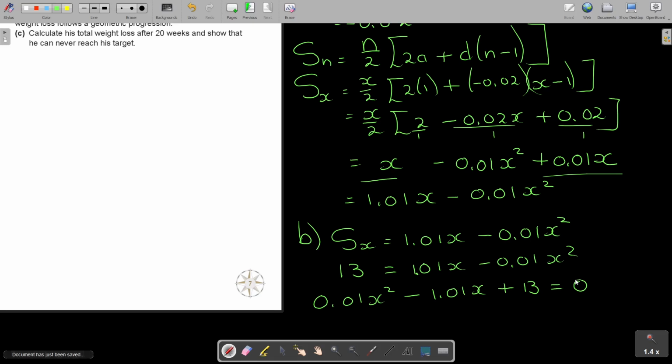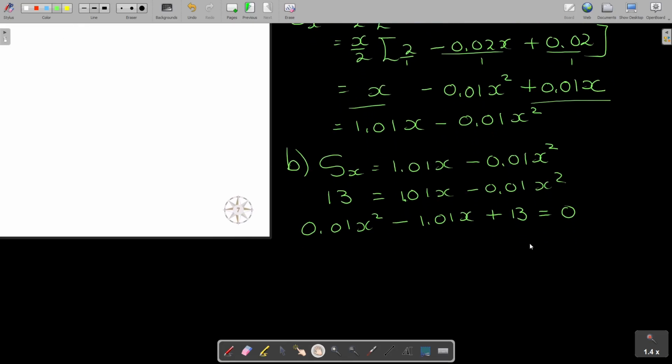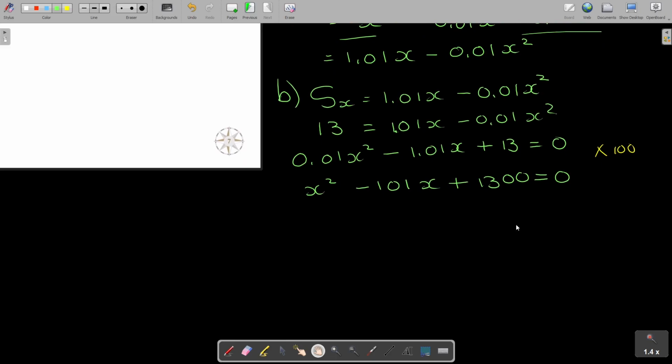Okay, now I'm going to multiply with 100 just to get the decimals out, so then I'm going to get x squared minus 101x plus 1300 equals 0.